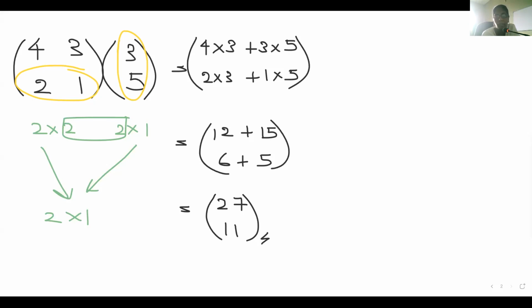Yes, Sihas? Can you tell the answer, Sihas? No, I think he was raising his hand by mistake. So, children, anyone who got a different answer?